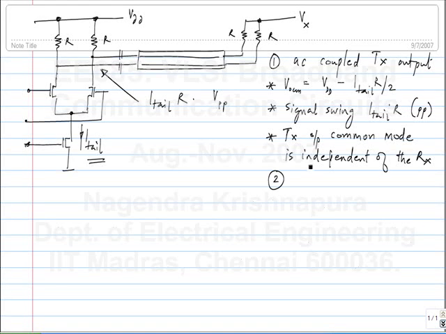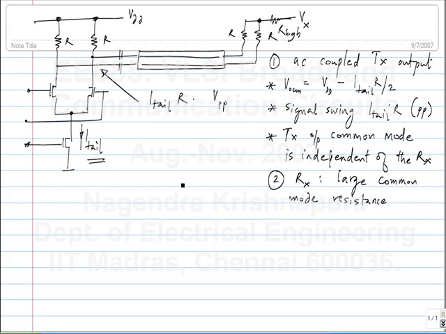And the second one that you can do is to have Rx as a large common mode resistance. Okay. That means that this is connected to whatever voltage, but with a very large R, large enough that the effect of Vx on the transmitter output is negligible. Okay.